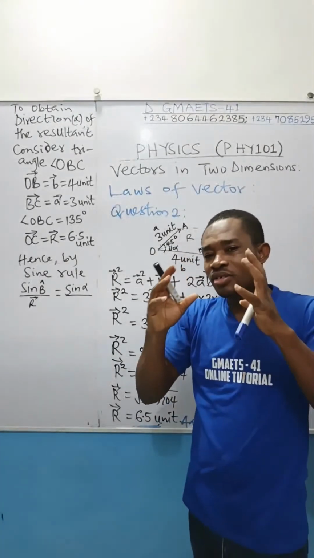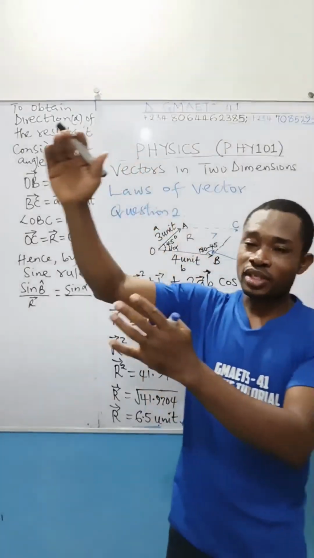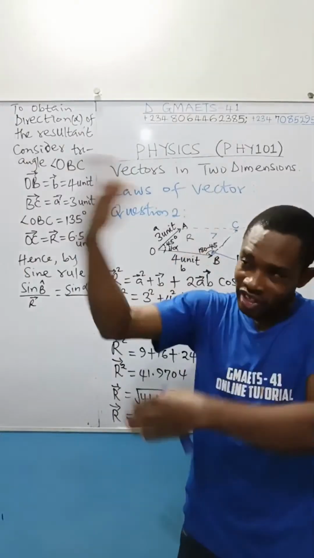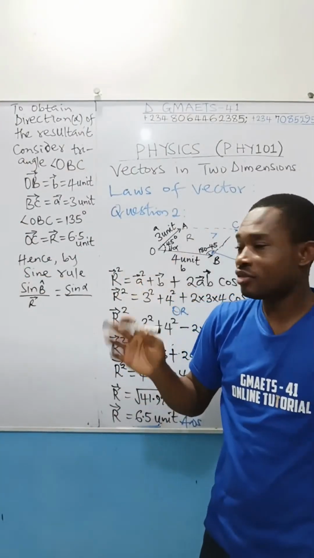The whole idea of sine rule is this: sine of a particular angle divided by the side of the triangle facing that angle.